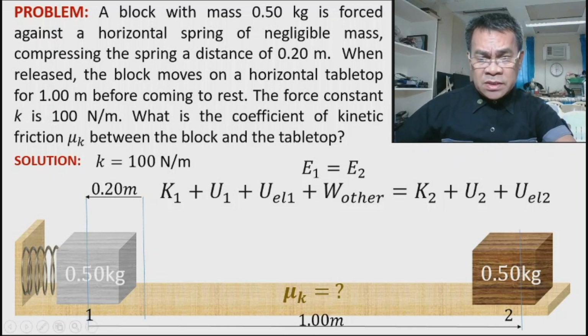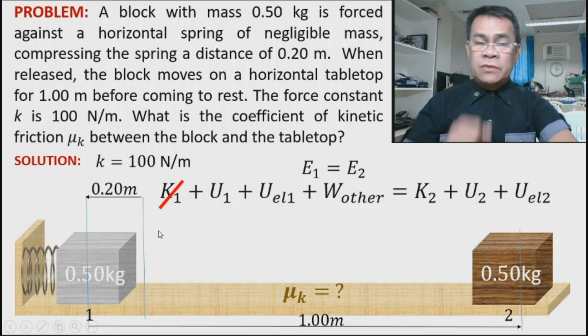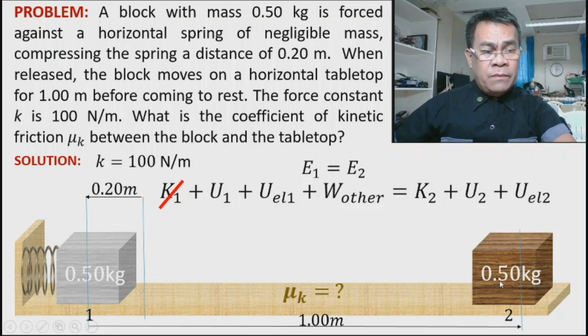The actual problem says that the object moves from here to this one. Now take note that this is horizontal, okay? Then this starts from rest. So take note, if it starts from rest, the kinetic energy must be 0. Now, at the final point, the object stops moving. So therefore, the final kinetic energy should also be equal to 0.